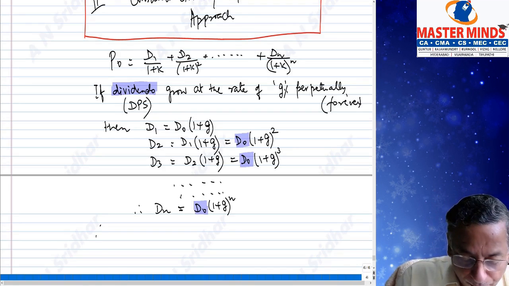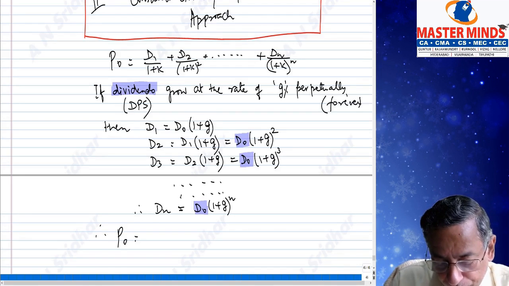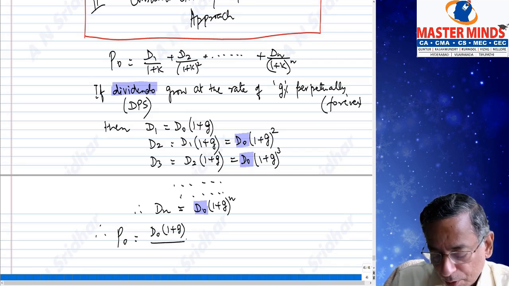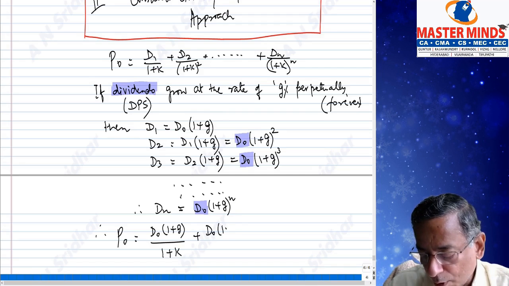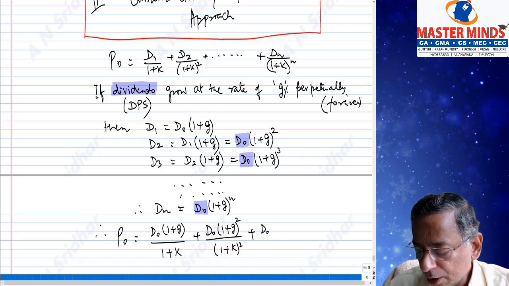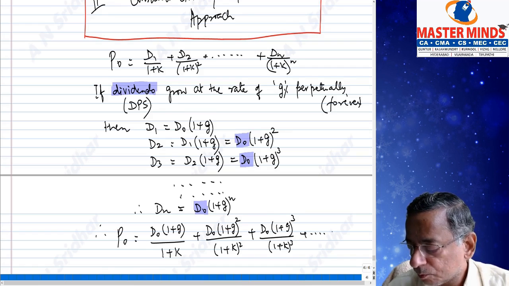So therefore P0 will become D0 into 1 plus G upon 1 plus K, D0 into 1 plus G square upon 1 plus K square, D0 into 1 plus G cube upon 1 plus K cube, up to D0 into 1 plus G raised to n upon 1 plus K raised to n.